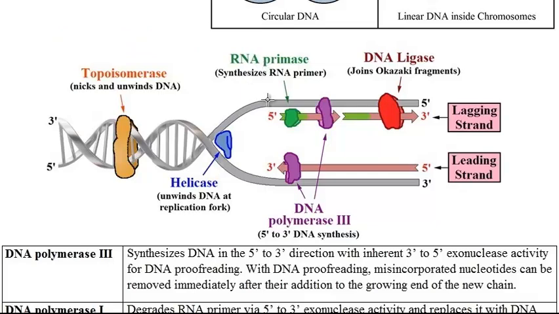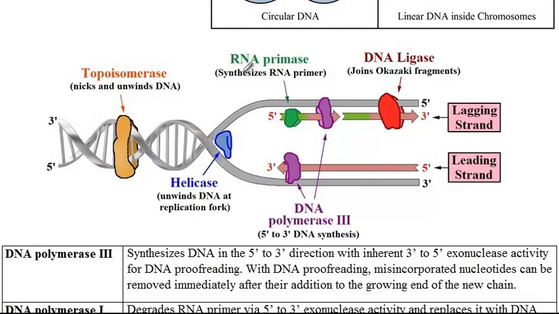Now, in order to avoid this problem, we have the enzyme called topoisomerase, which nicks the DNA in order to relieve all the supercoils that are generated by unwinding of the DNA. So that's the job of the topoisomerase. Now, as DNA is being opened up, we are ready to start synthesis of a new strand, and that is done with the help of 3 different enzymes that are listed here.